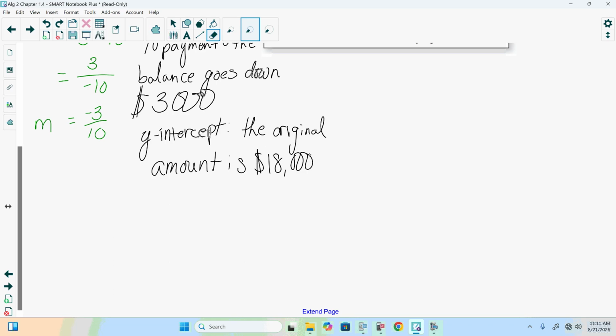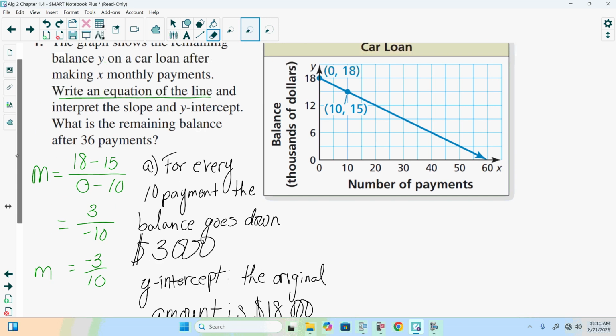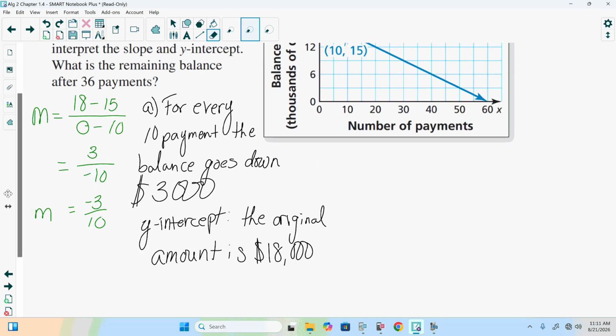Most likely when they printed this book, that was probably the average price of a brand new car. We're probably looking at the average price of a used car. Questions on how we interpreted the slope or the y-intercept? When we interpret it, we're just doing what? Taking what the information is given to us and put it in words. That's really all we're doing.